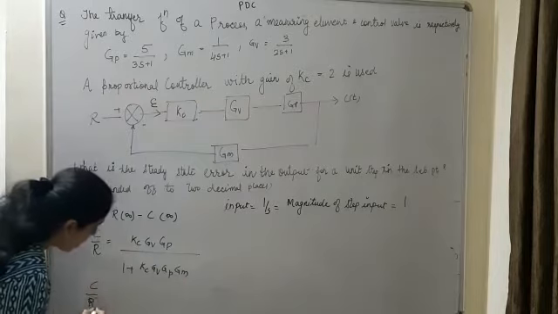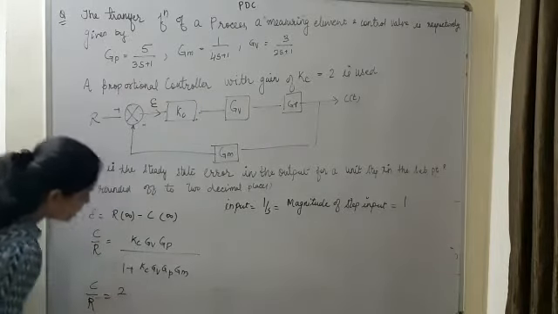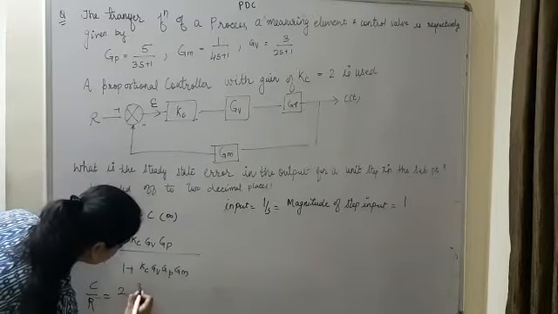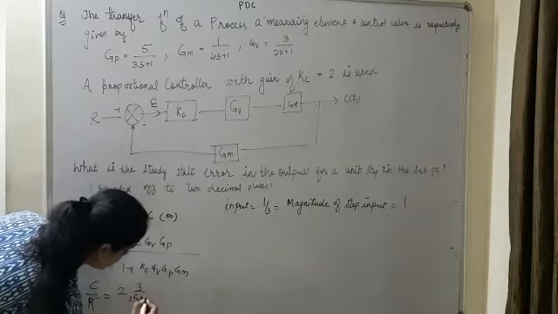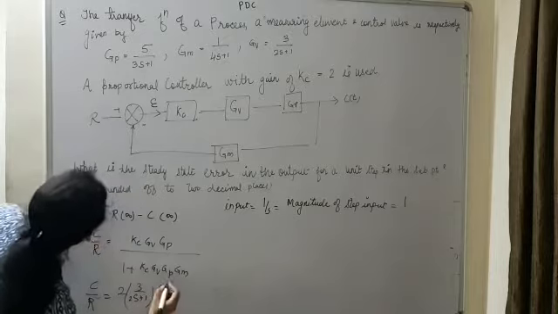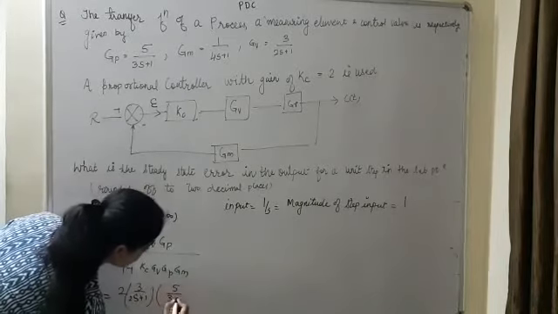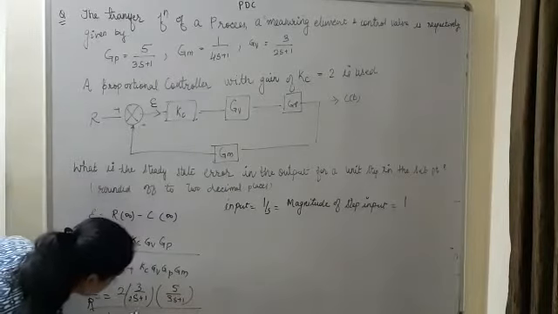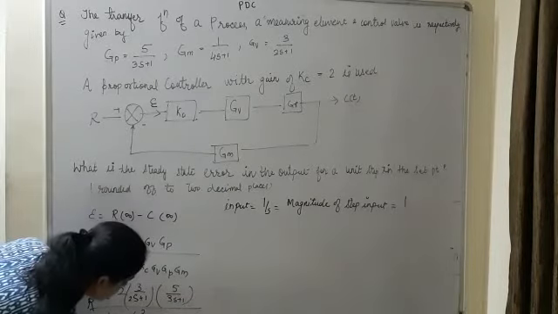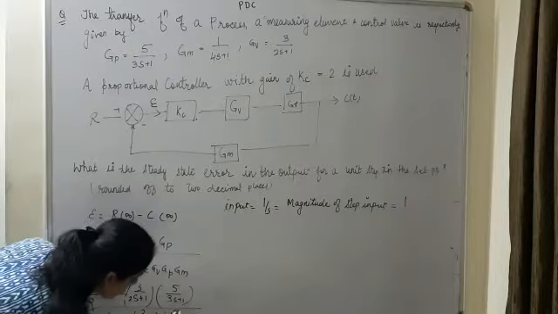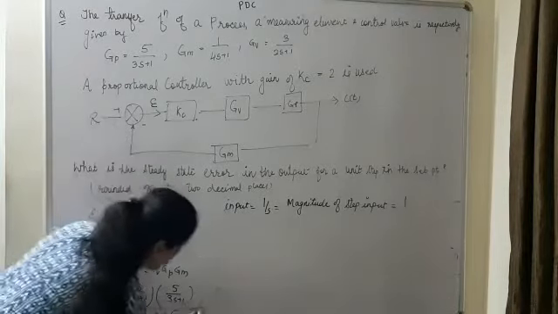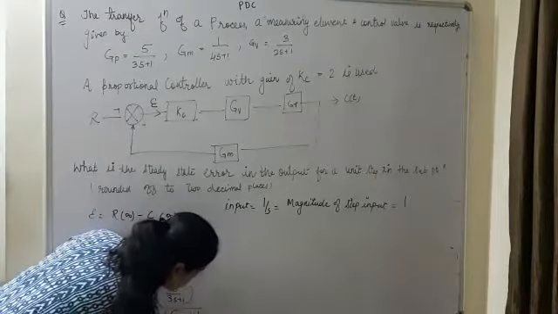So C by R is equal to 2, then Gb is 3 upon 2s plus 1, this is 5 upon 3s plus 1, divided by 1 plus 2, 3 upon 2s plus 1, 5 upon 3s plus 1 multiplied by 1 upon 4s plus 1.